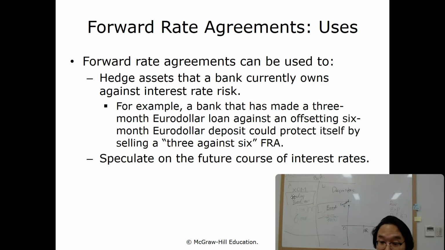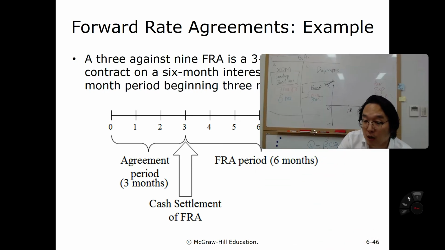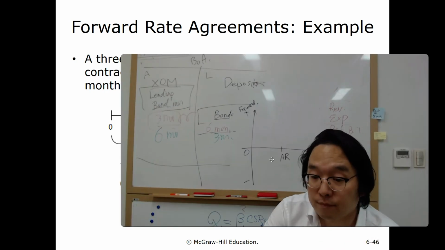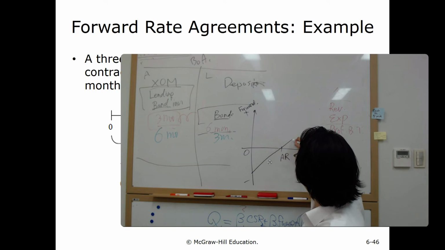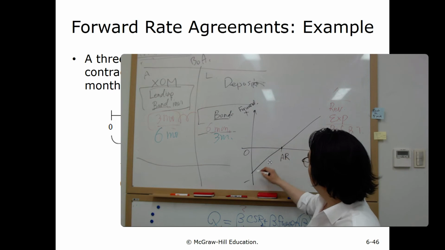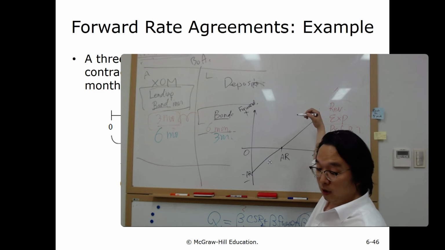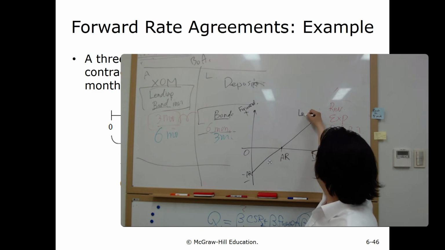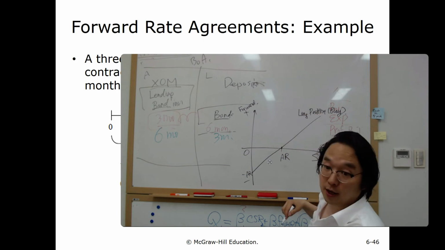Agreement rate AR. You can draw a 45 degrees line passing exactly through this AR, and this should be the profit diagram for the long position, or buyer, of the forward contract.